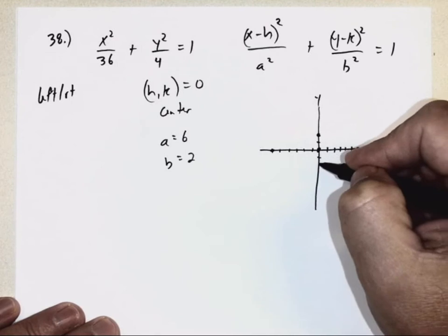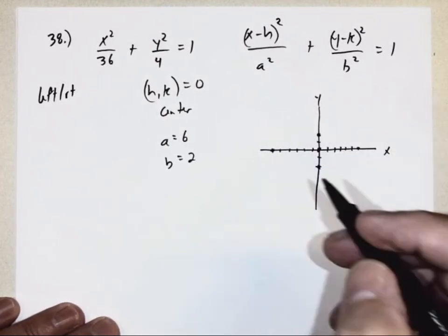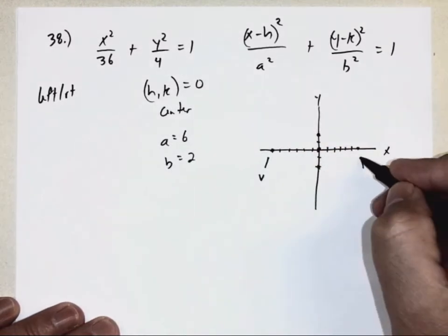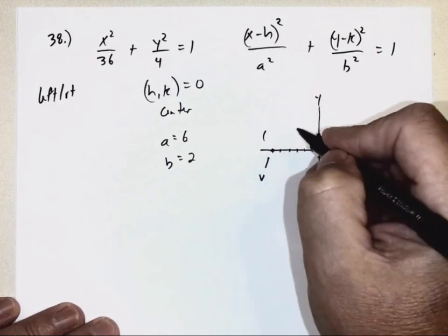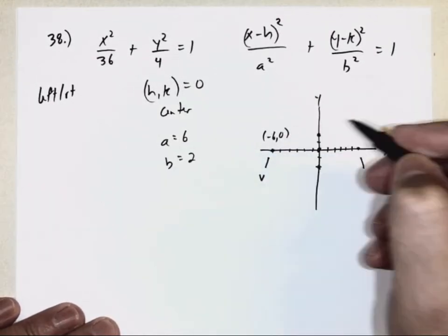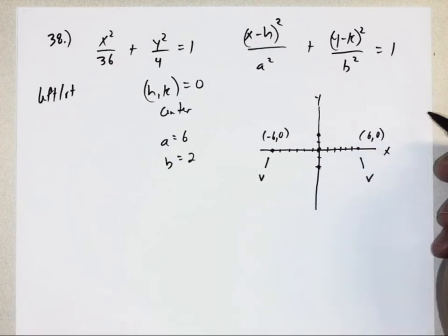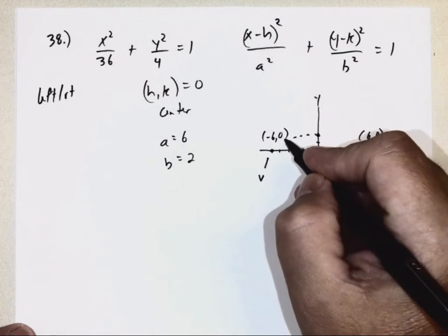I'm going to move 2 up and down. So these are my vertices. That's a vertex, and that's a vertex. So this is going to be negative 6, 0. So there are my two vertices. The actual ellipse will look something like this.